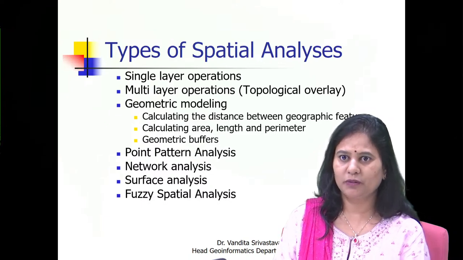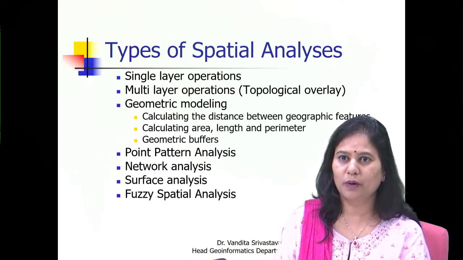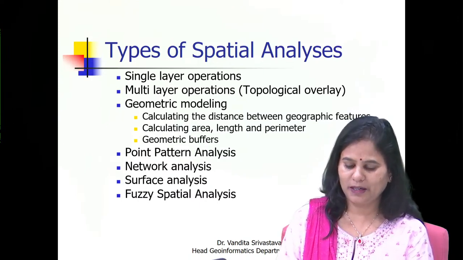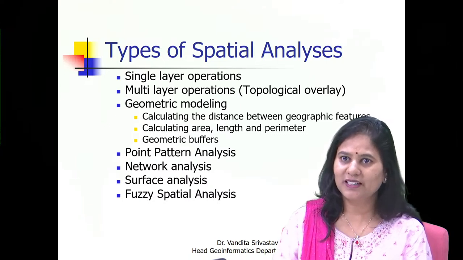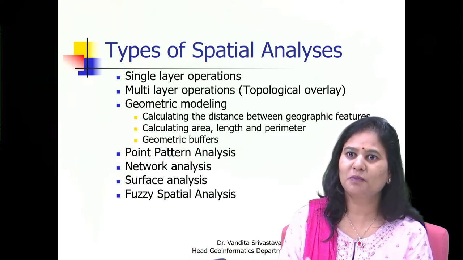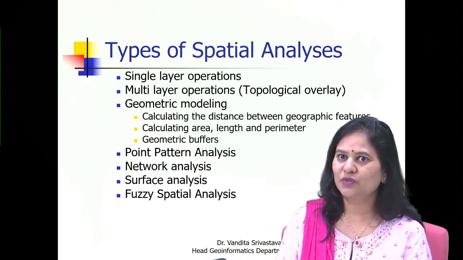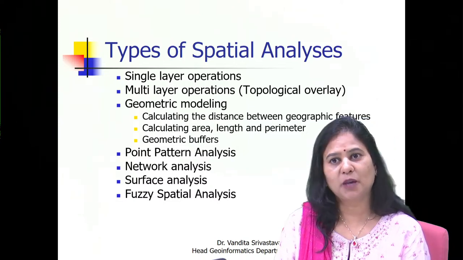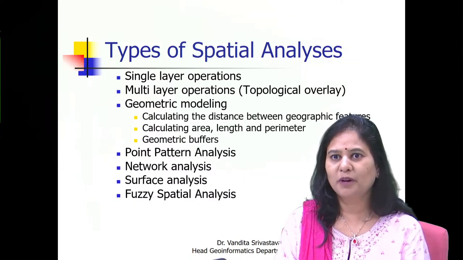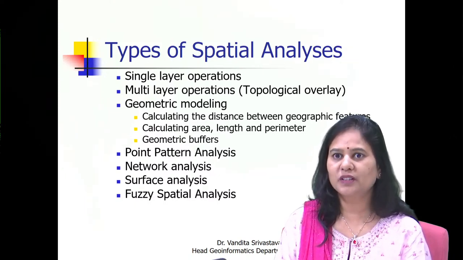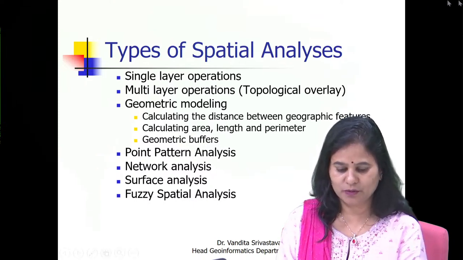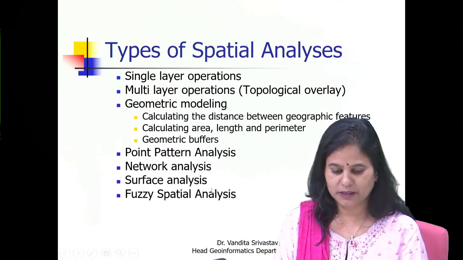Now if it is a very deep river, then you have crisp boundaries, but when you have a sandy layer and it is gradually changing from land to water, then you have a gradual change. You cannot put a crisp boundary there. So any such thing which is fuzzy in nature, like soil types, the change of soil from one type to another is not abrupt, it is gradual. To represent this fuzziness, you can incorporate it using the fuzzy tools in spatial analysis. So that is what I refer to here as fuzzy spatial analysis.